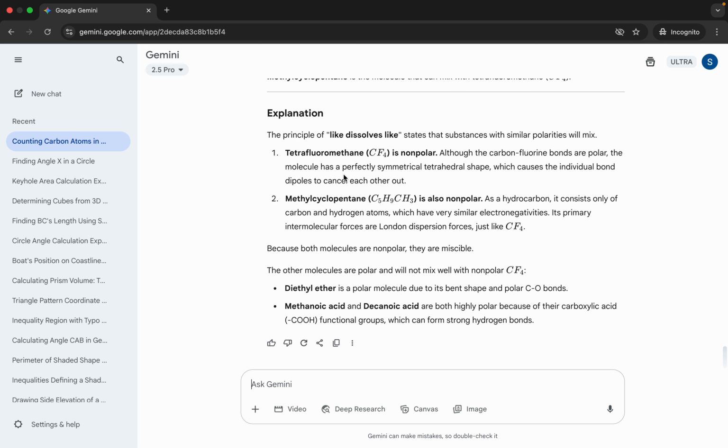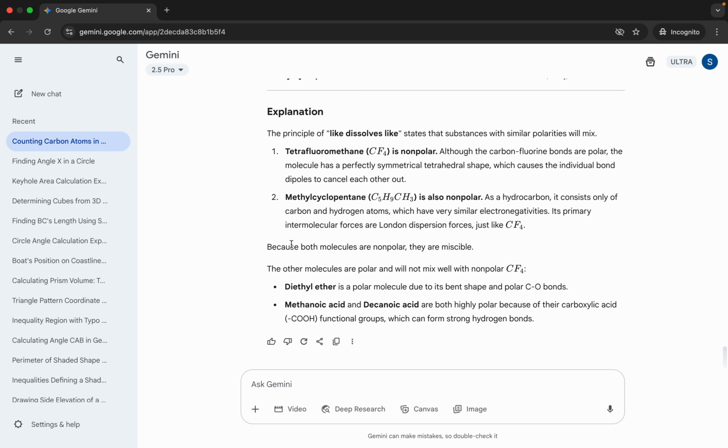The molecule has a perfectly symmetrical tetrahedral shape, which causes the individual bond dipoles to cancel each other out. Methyl cyclopentane is also non-polar, as a hydrocarbon consisting only of carbon and hydrogen atoms.